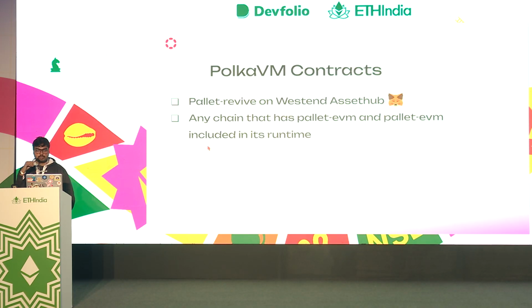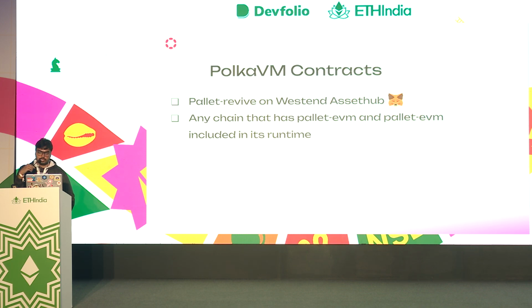Okay, so now we have spoken about ink contracts, right? But maybe you want to deploy Solidity contracts. Currently on Westend Asset Hub, there is this pallet called Pallet Revive, which can help you do that. If you are keen on deploying your Solidity smart contracts, Pallet Revive is the way to go, and we have provided all the resources in the Hackathon Bible.